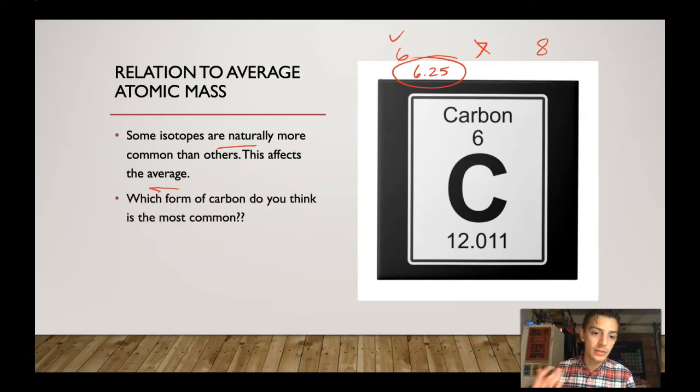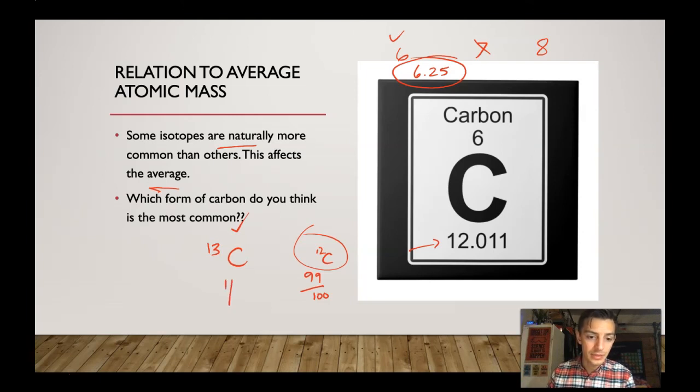Well, what do you think the most common form of carbon is? Carbon-12. Carbon-12 is very, very common. In fact, about 99 out of 100 atoms that you'd find of carbon are going to be carbon-12. But carbon-13 is also out there, and it's stable. It forms, and it'll stay formed, and it won't decay or turn into anything weird.